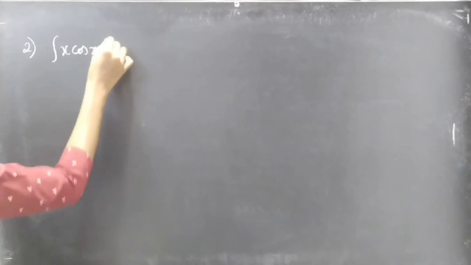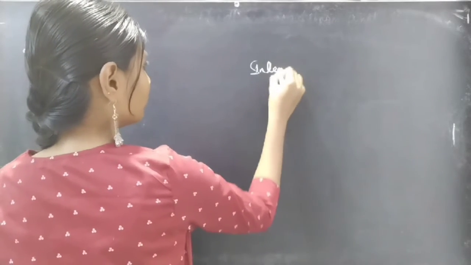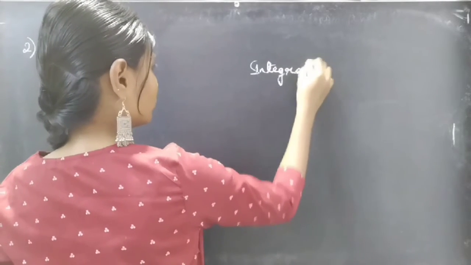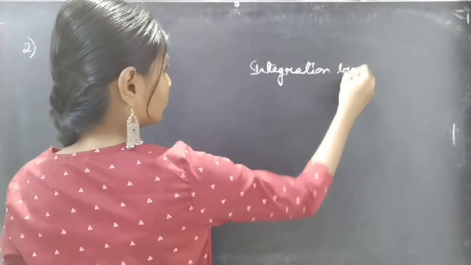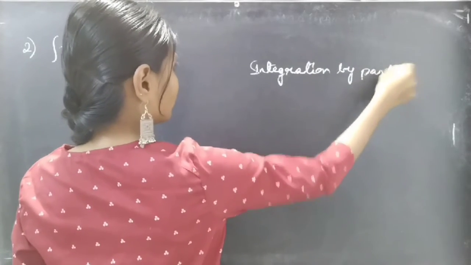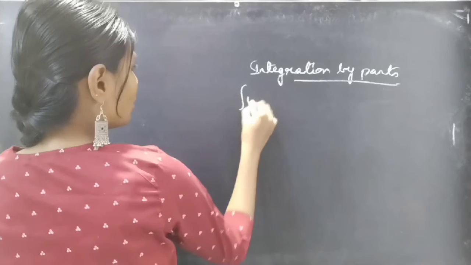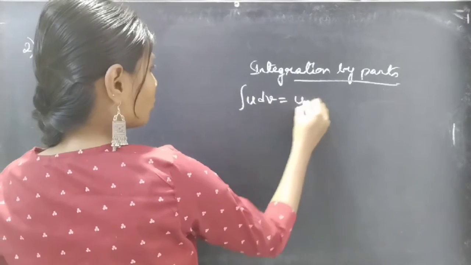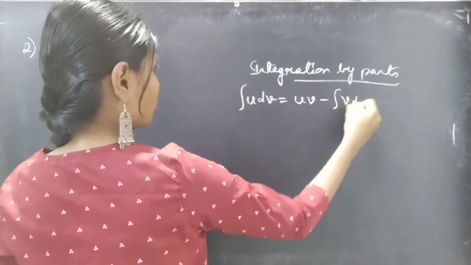Let's evaluate integral x cos x. Here we are going to apply the integration by parts formula: integral u dv equal to uv minus integral v du.